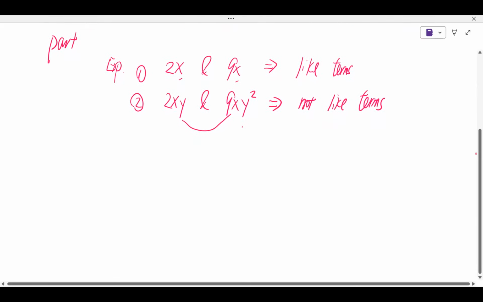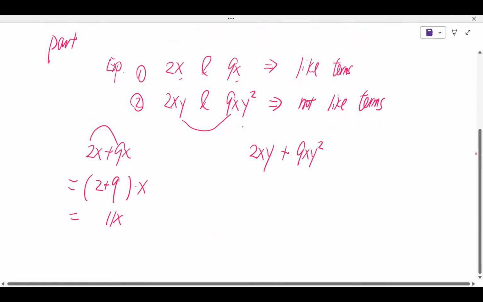If you're adding 2x and 9x, you keep the x and add the coefficients, or factor out the x and put 2 and 9 together. 2 plus 9 equals 11, so the result is 11x. When they are unlike terms, like 2xy plus 9xy squared, there's not much we can do. We just keep it as is.